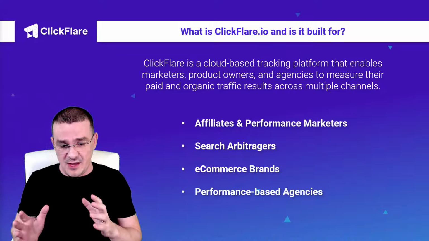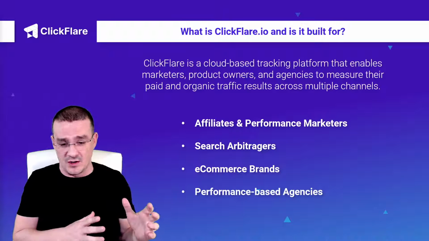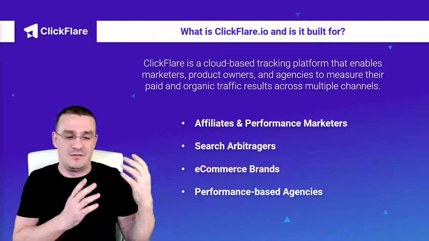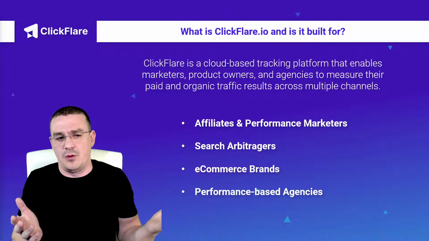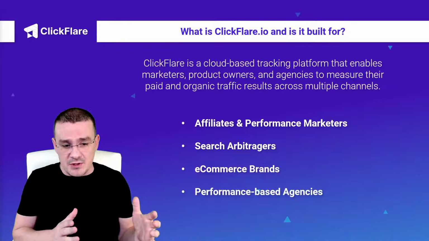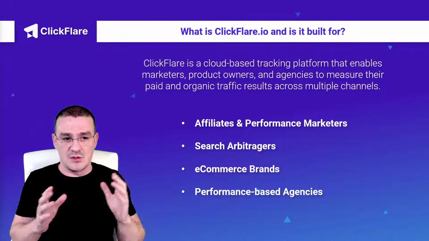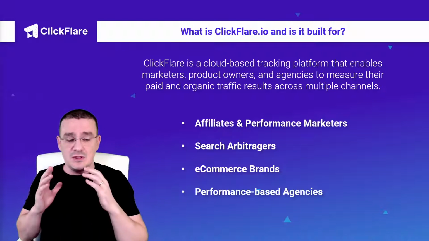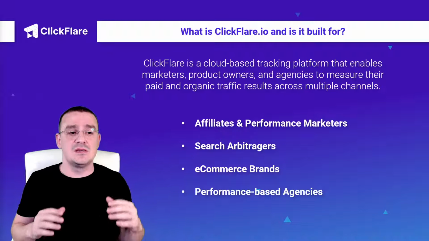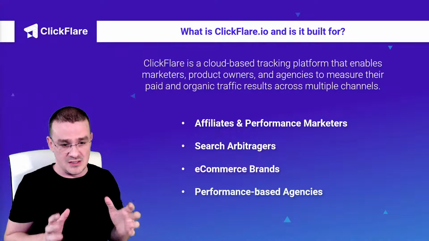It is built for affiliates. It is built for performance marketers, whoever doesn't want to be called an affiliate or even runs his own offer. It's built for search arbitragers and currently being used by a lot of them, by the first two categories that I mentioned. It's built for e-commerce brands, as well as performance-based agencies.